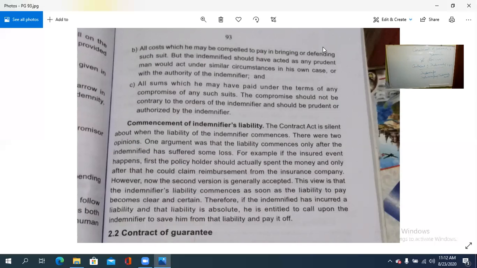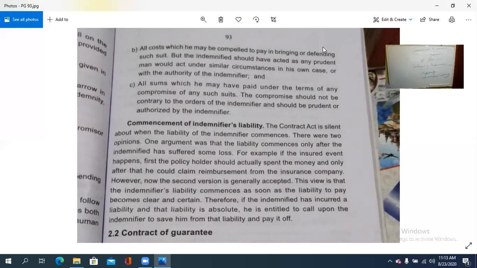So the second is what? All the costs which he may be compelled to pay in bringing or defending such suit, whether against it or in accordance with it, the documents and all the expenses that come with it must be paid.